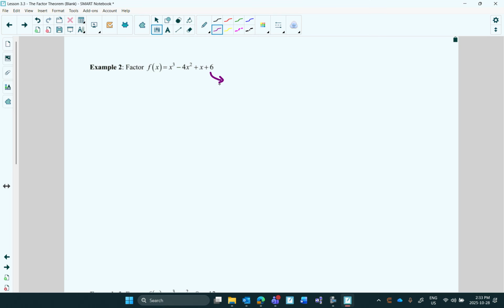What are the factors of 6? Plus minus 1. Plus minus 2. Plus minus 3. Plus minus 6. So I want to start with a small one.